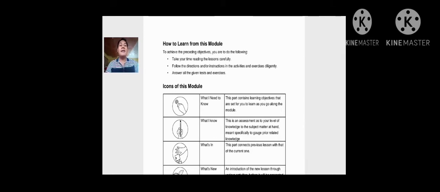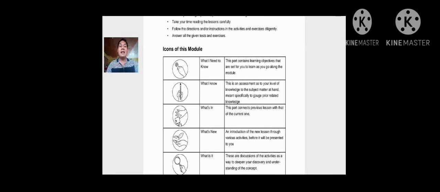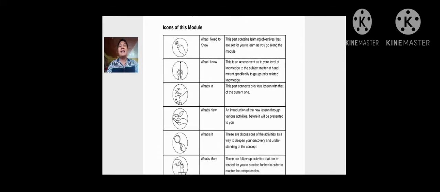So how to learn from this module? The icons to be recognized or familiarized. Number 1 is the touch button, what I need to know. This part contains learning objectives that are set for you to learn as you go along the module. Next, the hand with a pen, what I know.